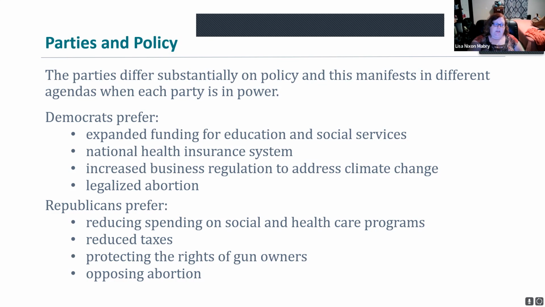So Democrats, for example, focus on policy issues like expanding education and social services funding, health insurance systems on a national level, kind of like what Canada and the UK and Australia have, increasing business regulations for things like climate change to try and make sure there's not a lot of polluting happening from different businesses and organizations. And they focus on legalized abortion, which, as we know, has been a hot topic in the news.